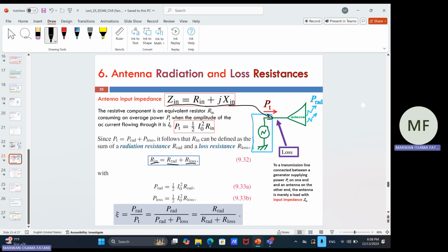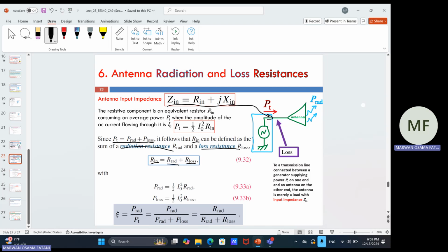So this came from the fact that this is our formula for the power. The total power is equal to the radiated power plus the lost power, which should add up to the total power for the conservation of energy. So the total Rin can be defined as the sum of the radiation resistance and a loss resistance R loss.